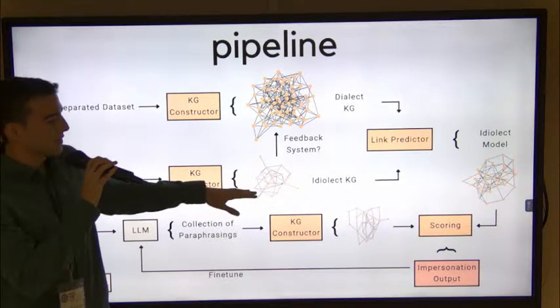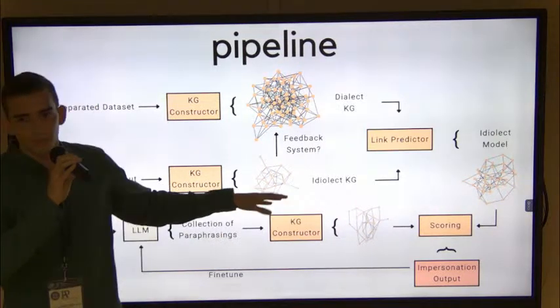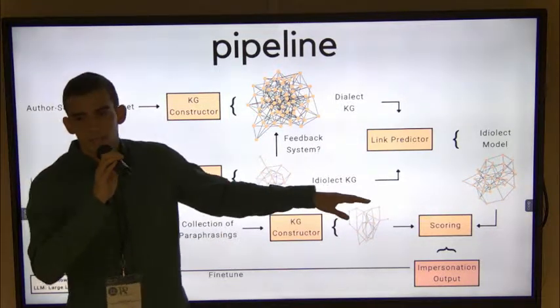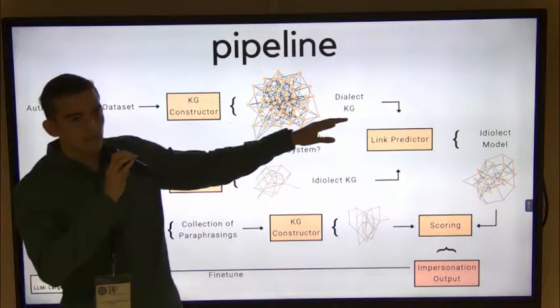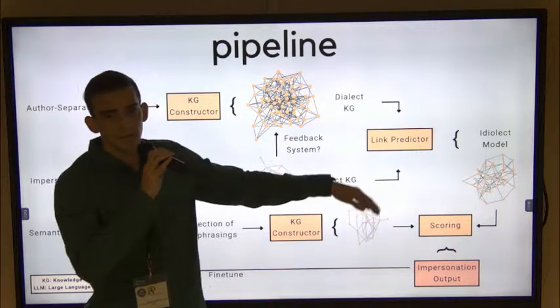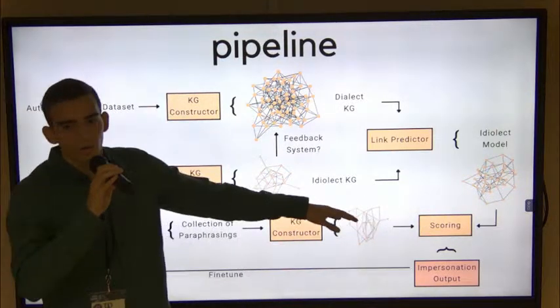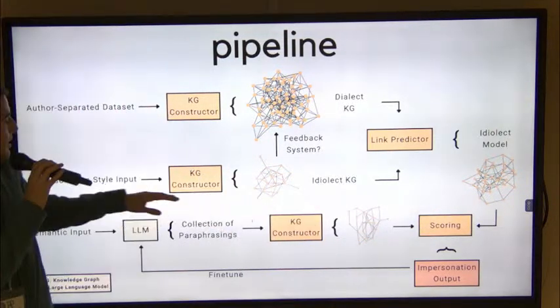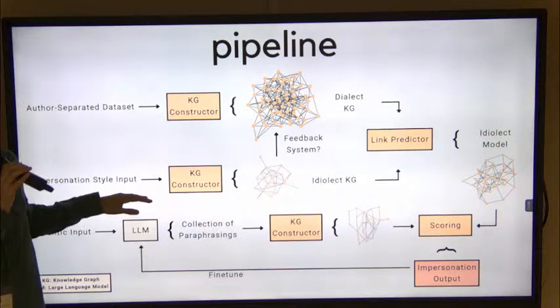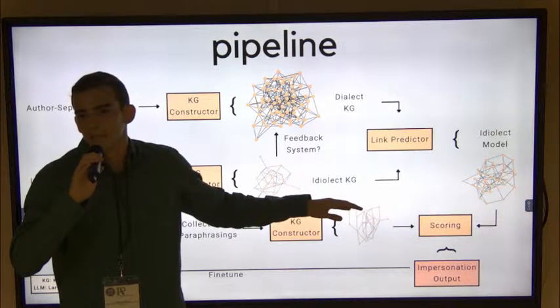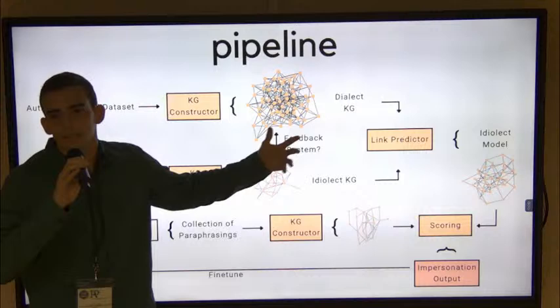We take the stuff that our professor has said and generate the idiolect, and then with the dialect, we input both of them to the link predictor, and that way we have an improved idiolect model. So it would have all of the features that we see in the impersonation input, but also some predicted features that we get from the dialect as a whole.